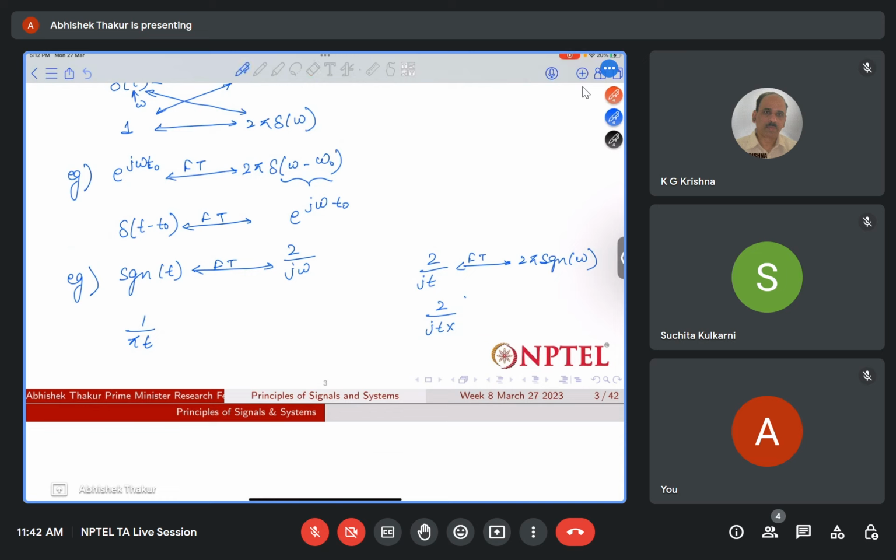On that side also we multiply, so it will become j by 2 pi. If you multiply, the 2 pi will get cancelled and the value will be j of signum omega.